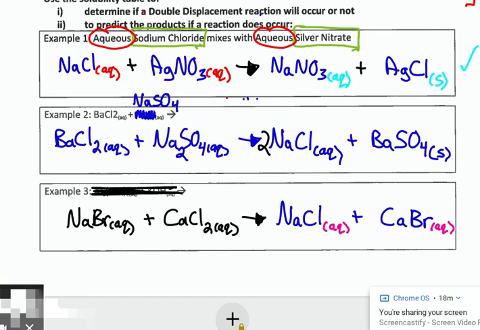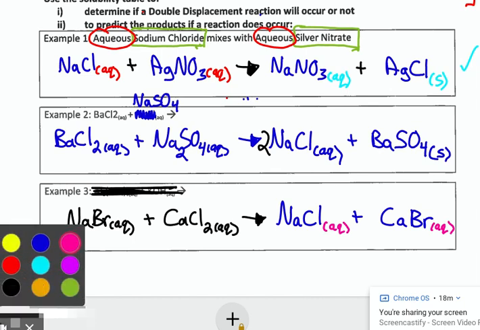All right, so the solubility table is telling us that both sodium chloride and calcium bromide are aqueous. What this means is that this reaction doesn't meet the criteria for a double displacement reaction.